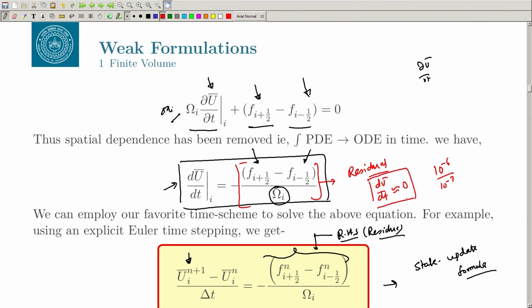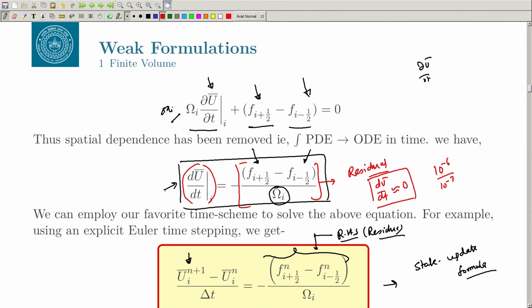You can also think that if the flow problem is steady state, that means my mean flow is not changing, then why do you care about this du by dt? You can remove it directly and only solve the right hand side part. If you try that, you will quickly realize that you are not getting a converged solution, because you will put some initial condition which may be very different from your mean solution, and it does not have a direction for how to go to the converged solution.